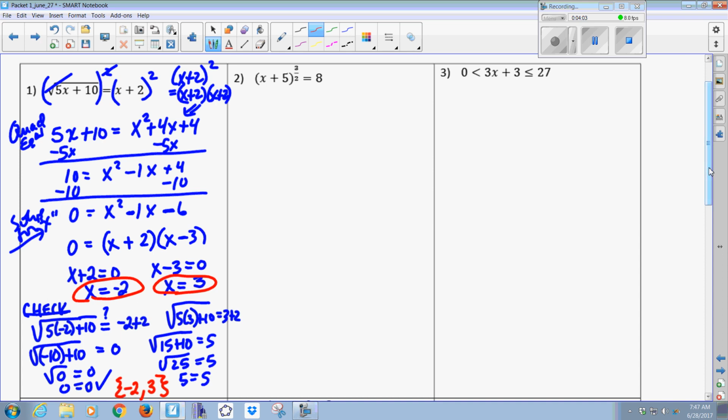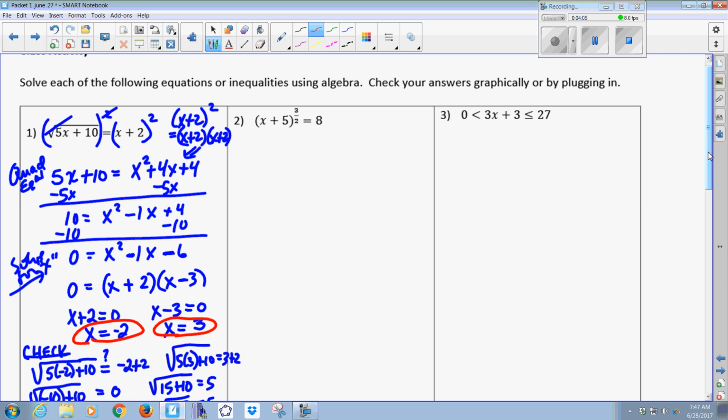Okay, the next problem has a rational exponent. Again, we want to isolate that, but it's already isolated. It's already on the left-hand side of your equation in this case. Our goal is to make the left side say x plus 5 to the first power.